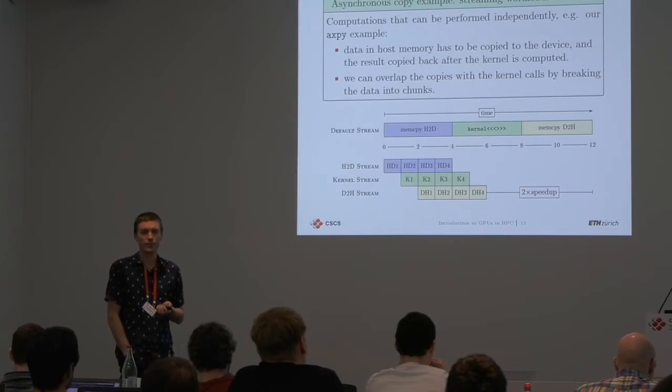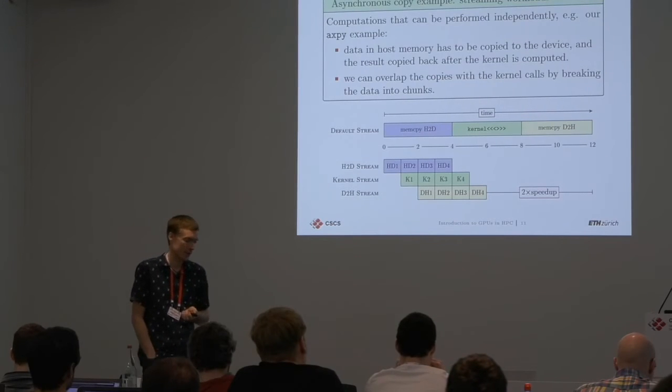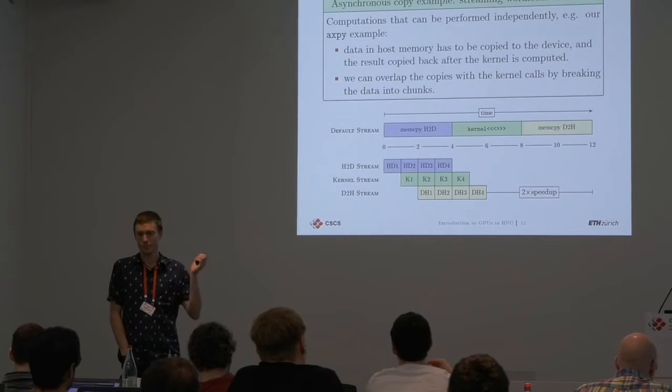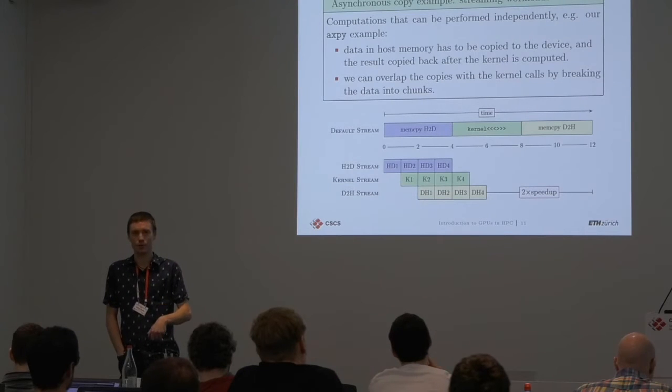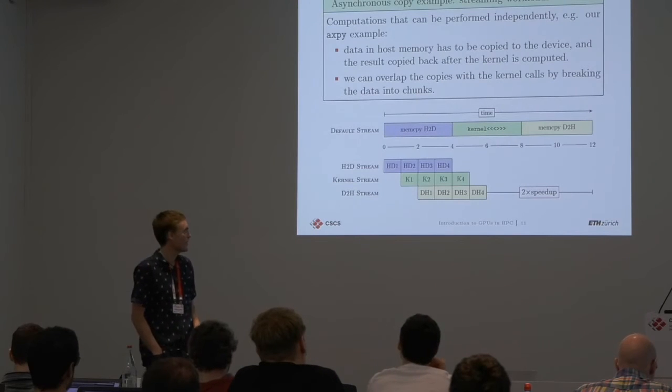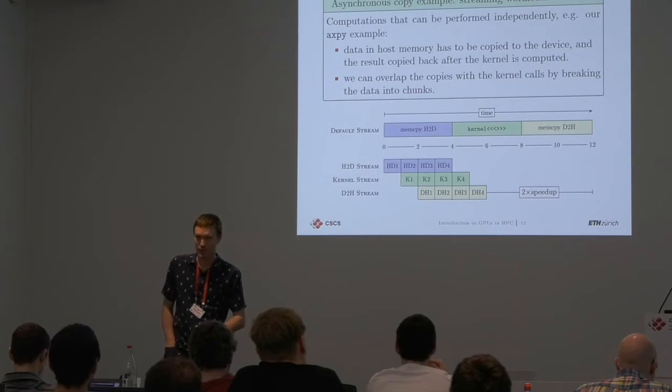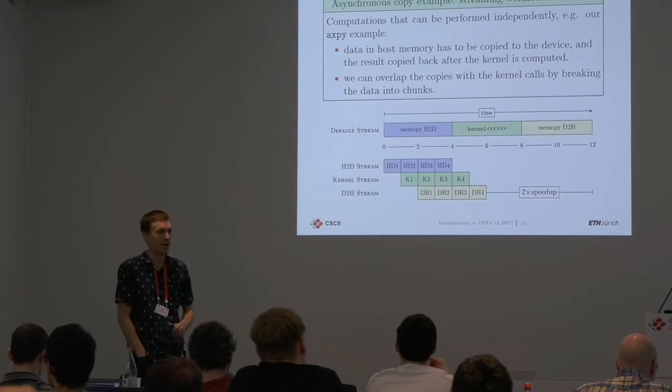So the question was, I've basically got one stream for all the host to device copies, another stream for the kernels, another stream for all the device to host copies. What about having one stream per chunk?